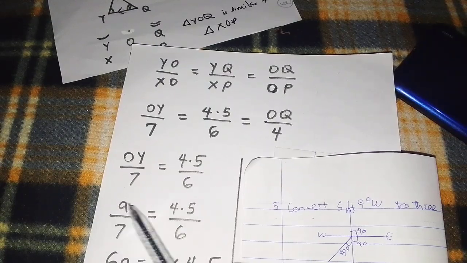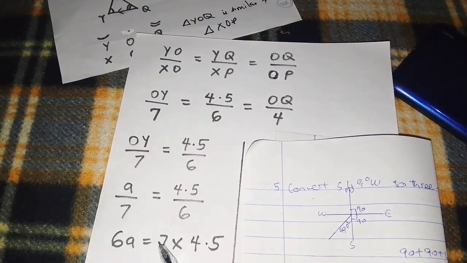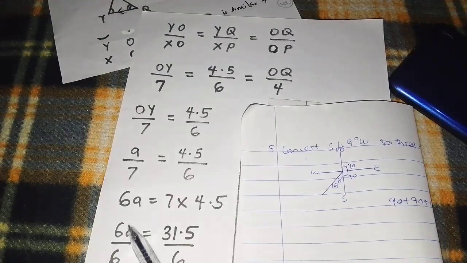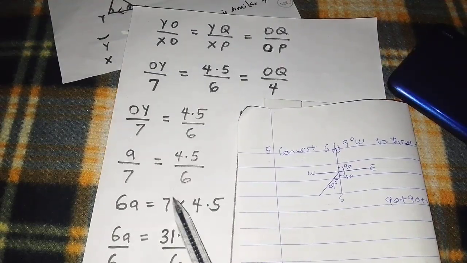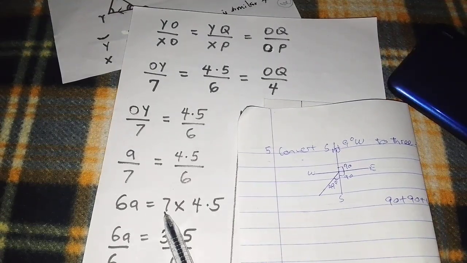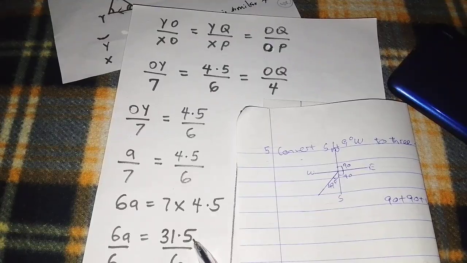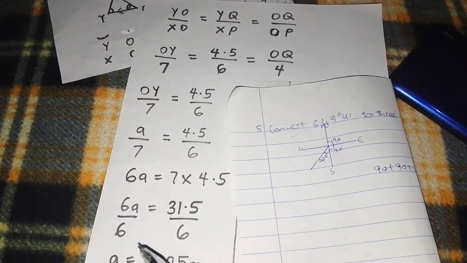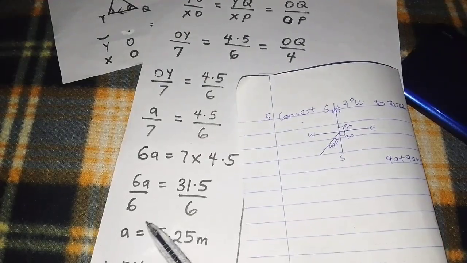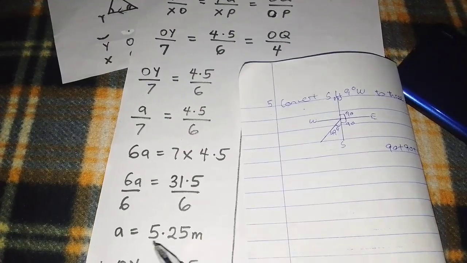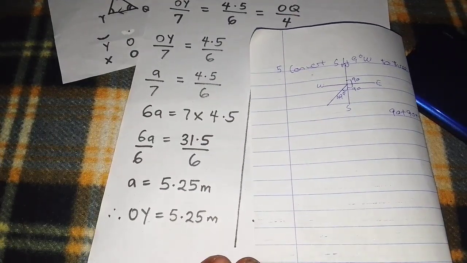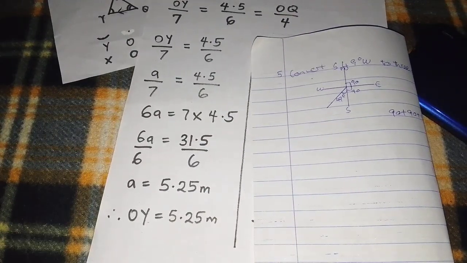Cross multiply: 6 times A gives 6A is equal to 4.5 times 7. 7 times 4.5 gives us 31.5. To get A, you divide both sides by 6, so you get 5.25 meters. So the value of OY is 5.25 meters.